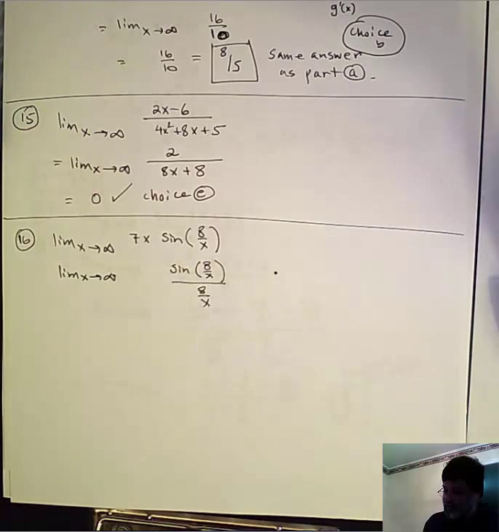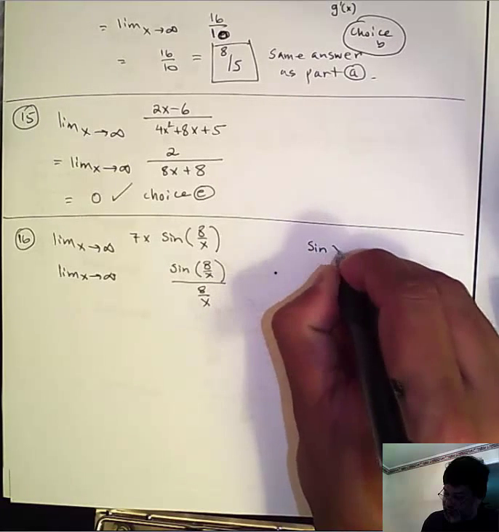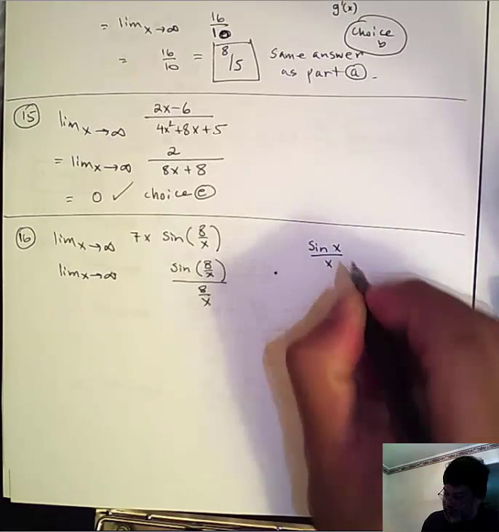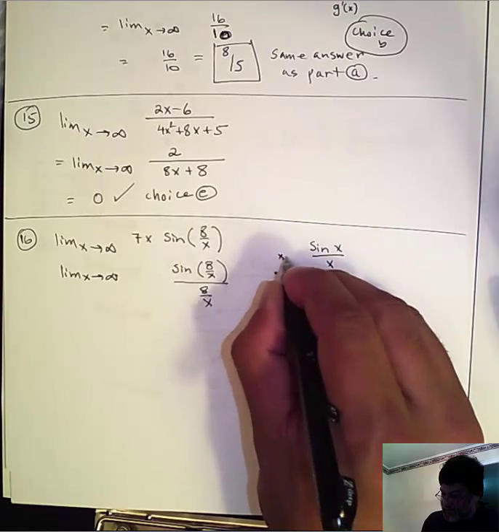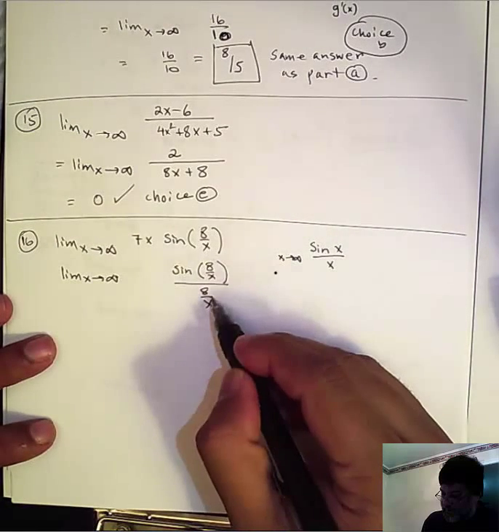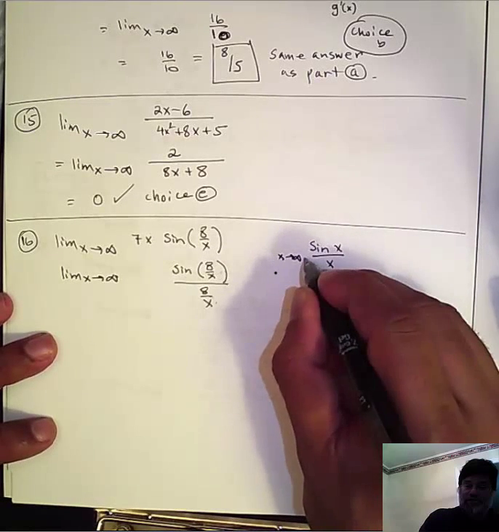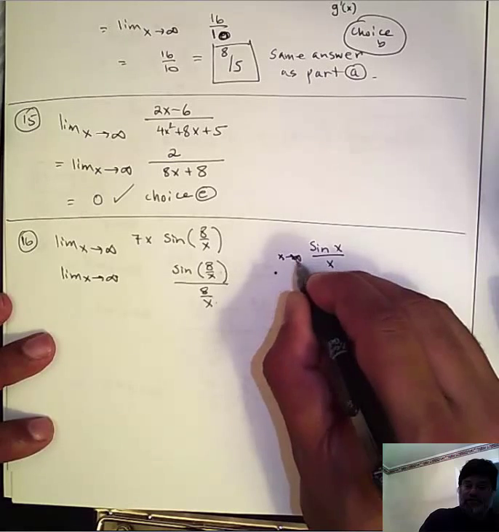So where did I get this from? If you remember from Cal 1, we tried to make it a rational function, right? And anyone remember what that goes to? That's 1.